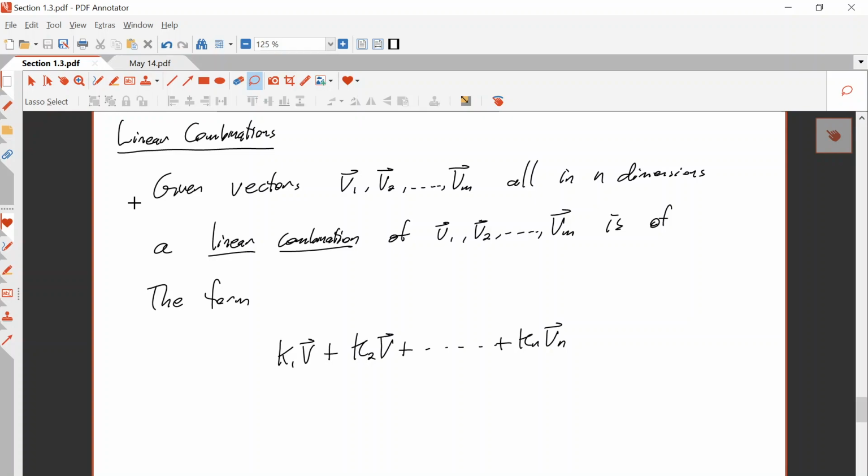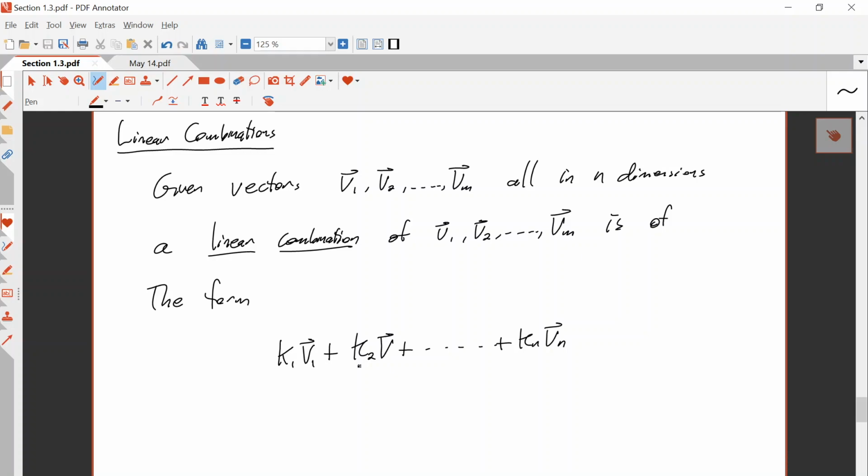So you take multiples of two rows and add them together. That was a linear combination of two vectors. This is more generally a linear combination of m vectors. This is another really central concept in linear algebra.